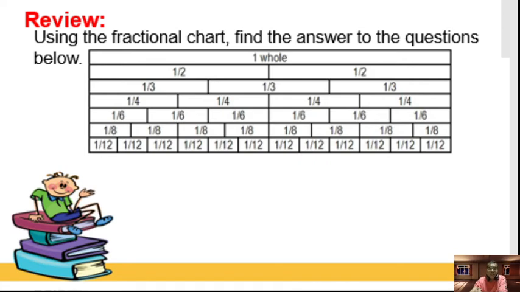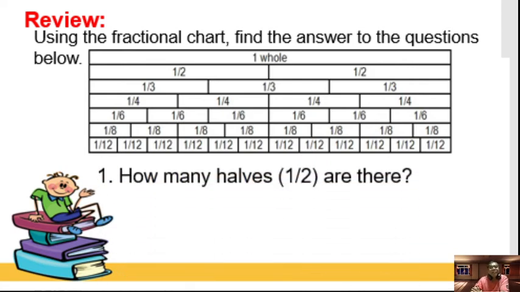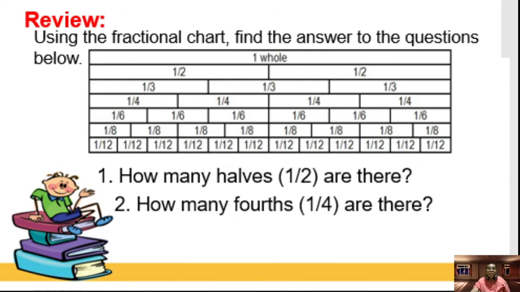Okay, the first question is, how many halves are there in 1? So, you have to show the equation. So, that is 1 divided by 1/2. Next, how many parts are there? So, we talk about 1/2.